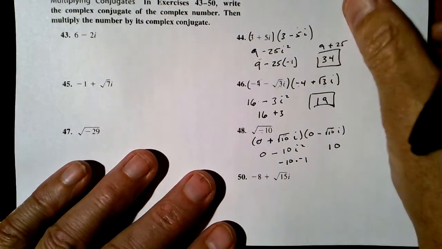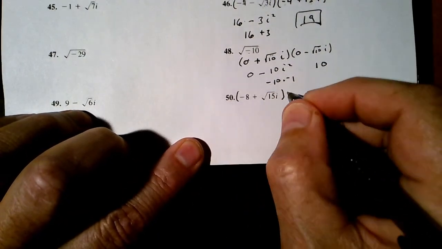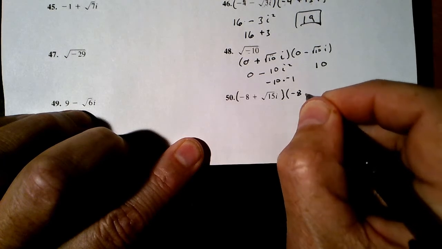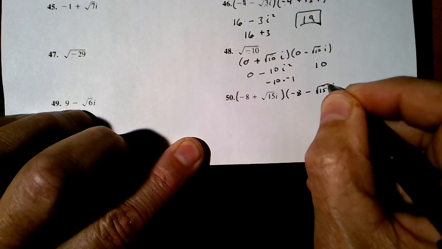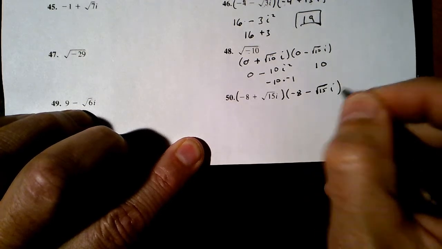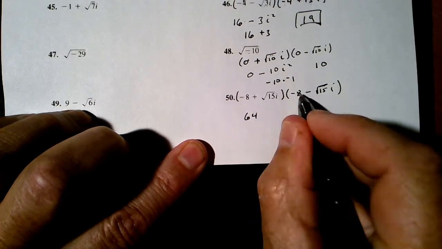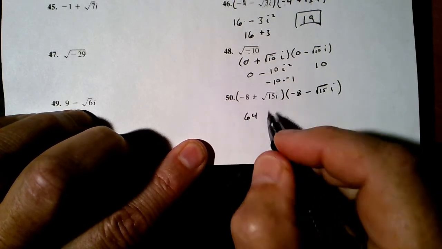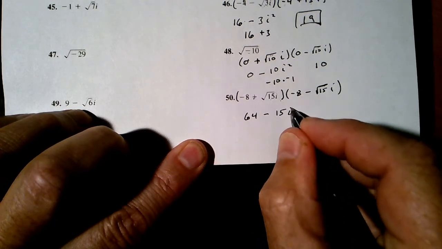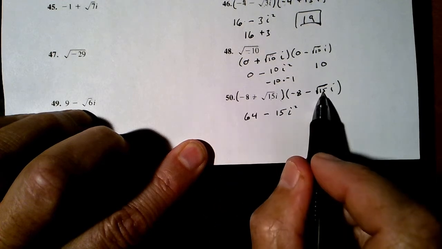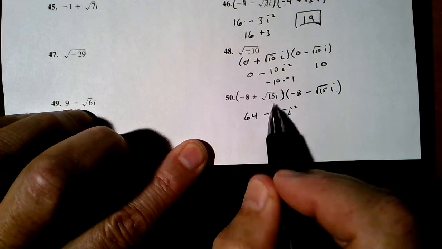Okay. Not much to it here and pretty straightforward. Negative 8 minus square root of 15i. Yikes. FOIL: 64, first times first, last times last, plus times minus, minus square root of 15 times square root of 15, 15i times i squared, plus 8 square root of 15i minus 8 square root of 15i.